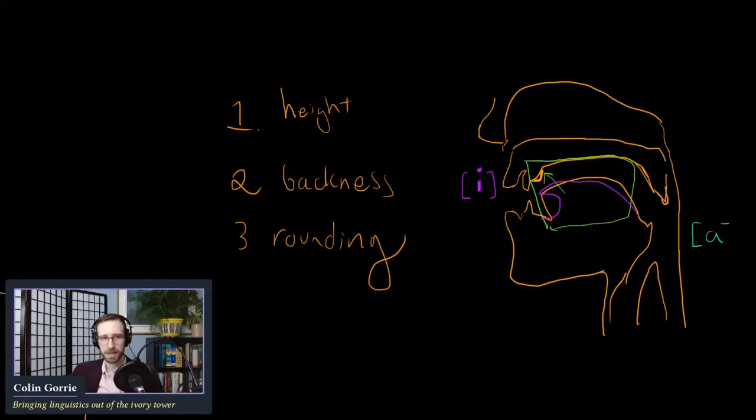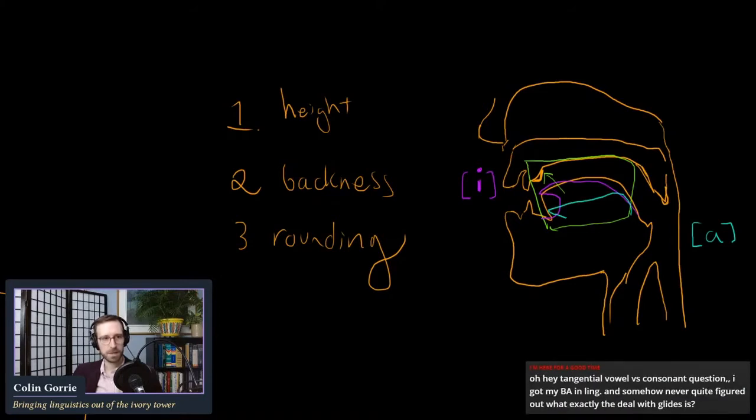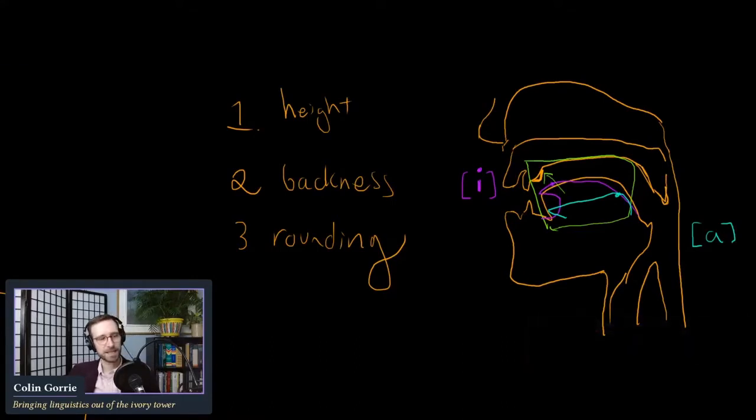So we have this low back vowel, and that is going to look something a little bit more like this. So we see that the topmost part of the tongue is low down and to the back, and here for "ee" it's up into the front.